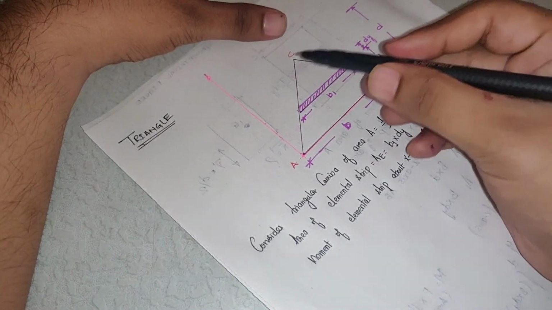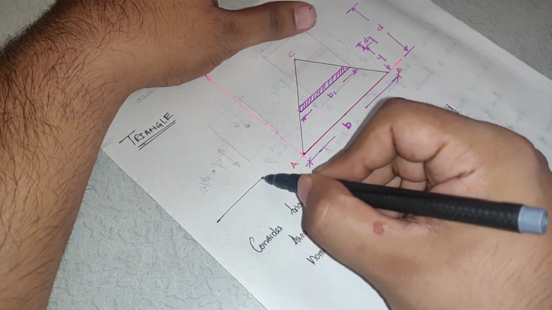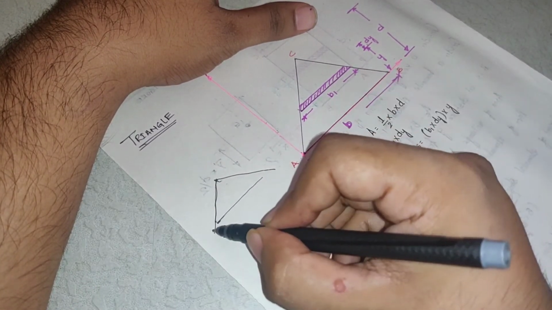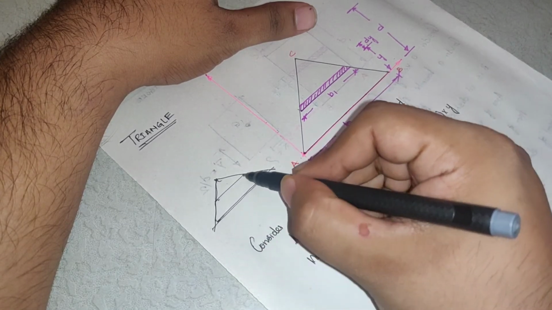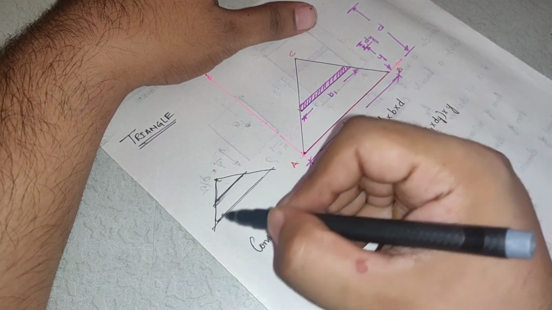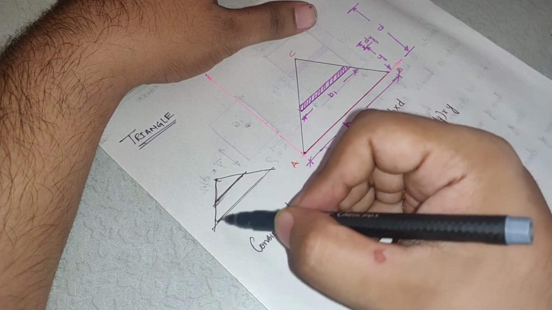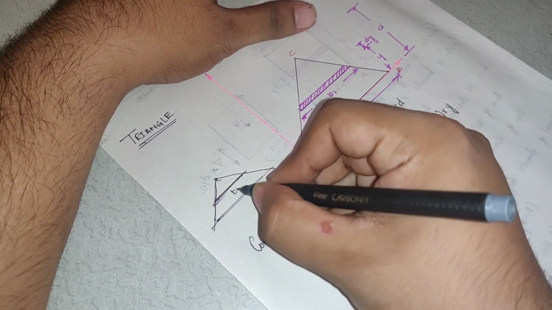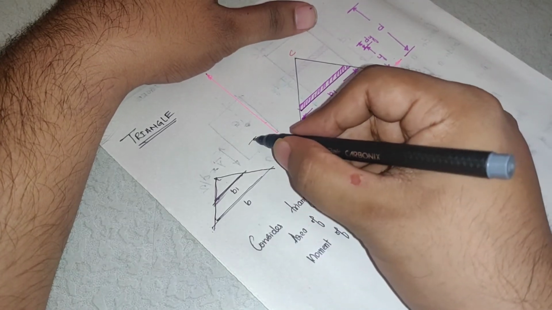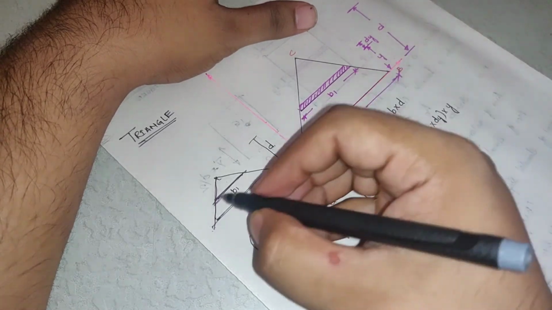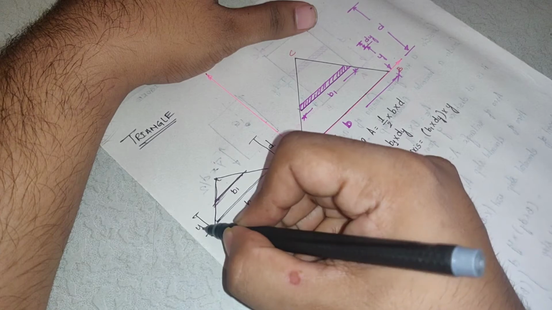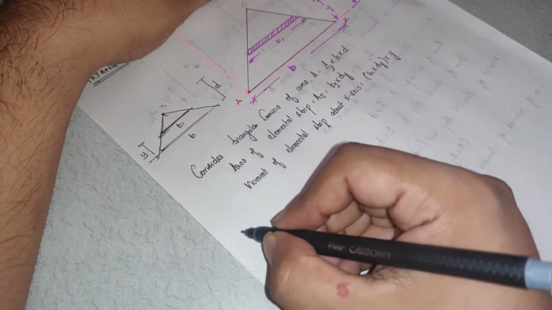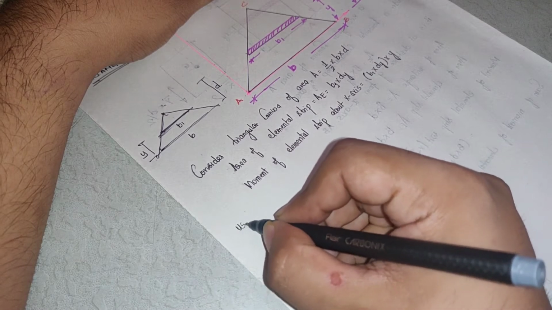Now look clearly: this is the triangle, and this is an elemental strip. How many triangles can you find here? This is one triangle outside and this is the second triangle. If this is B1 and this is B, and this is the total height D and this is Y, can we apply the concept of similar triangles?